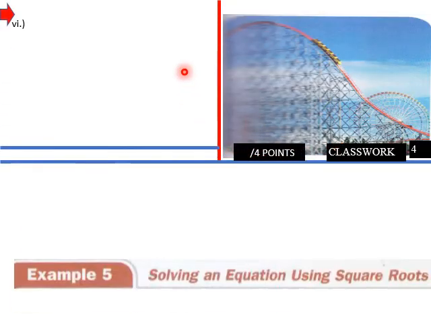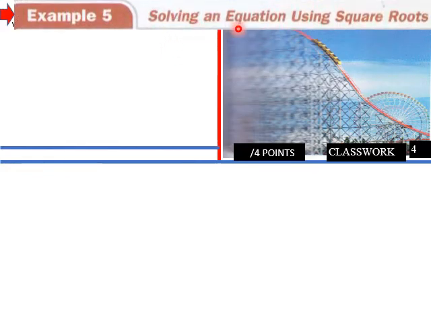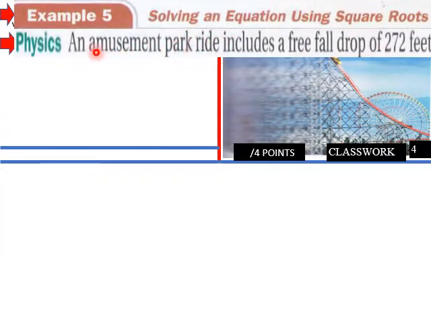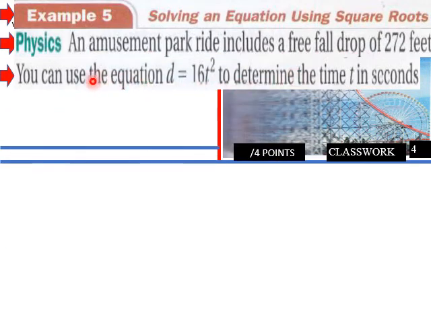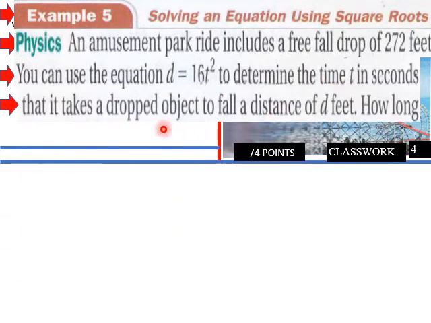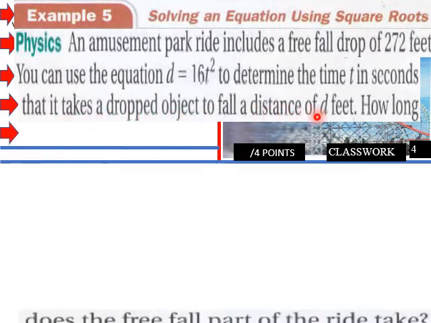Let's go to our next example. Example 5, solving an equation using a square root. Physics. An amusement park ride includes a free fall drop of 272 feet. You can use the equation d equals 16t squared to determine the time t in seconds it takes a dropped object to fall a distance of d feet.